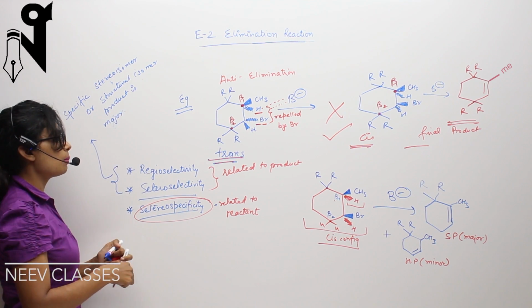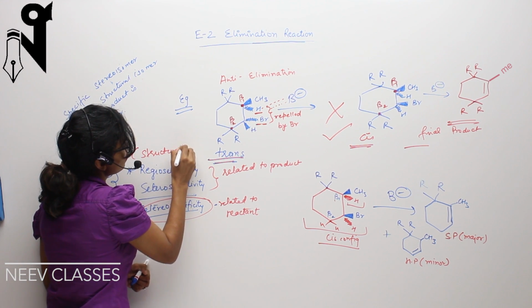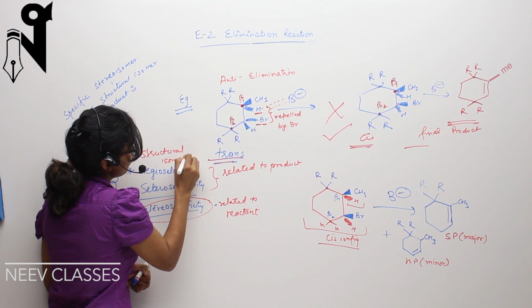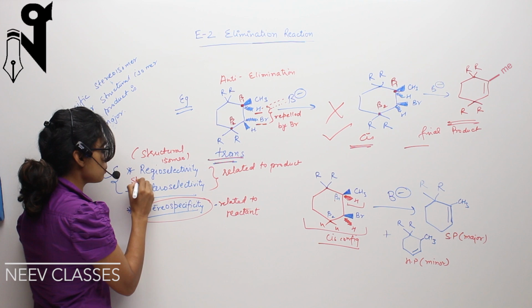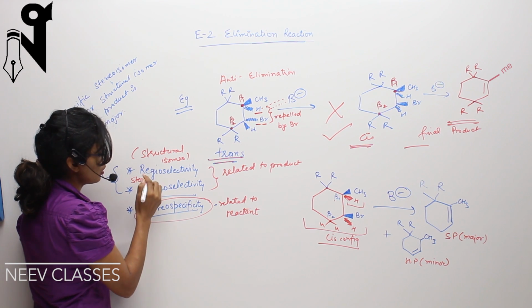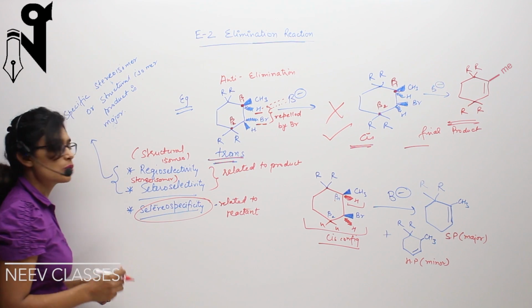When we talk about regioselectivity, we are basically talking about the structural isomer of a product, and when we talk about stereoselectivity, we are talking about the stereoisomer of the product which will be major.